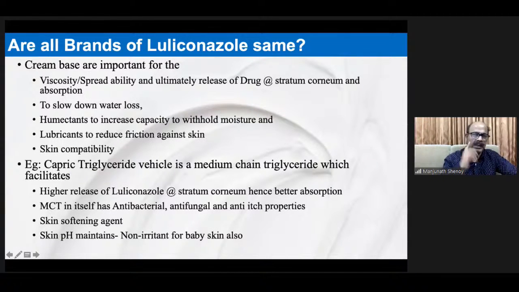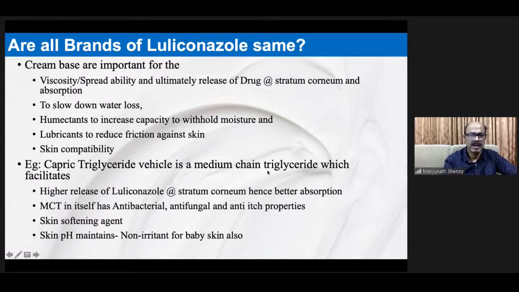Here we have one important vehicle which is called capric triglyceride, which are medium chain triglycerides. This is one of the important advances in topical therapy, and having such a vehicle can have higher release of luliconazole, that is the active ingredient, at the stratum corneum. Hence, there is a better absorption.